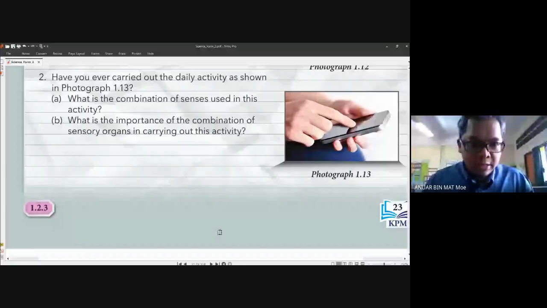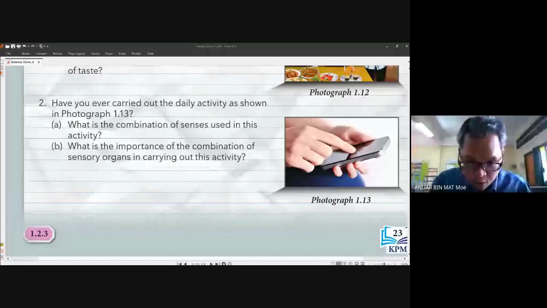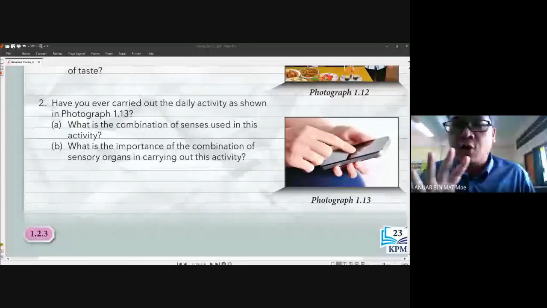Okay, like this. I will give you the homework based on the workbook later, because I haven't got the latest workbook, the Form 3 workbook. I will ask the ketua to give me the book. I only got Form 1 and Form 2. Form 3 not yet.